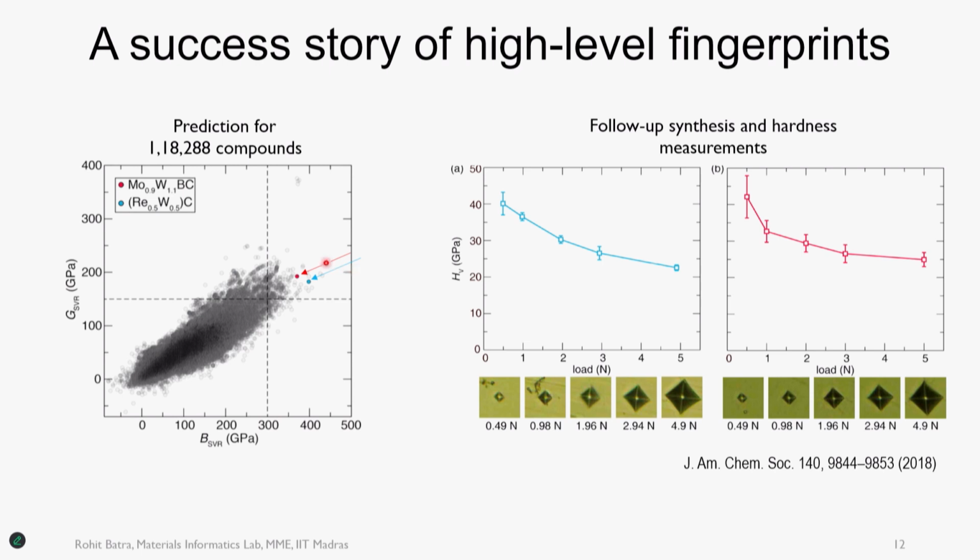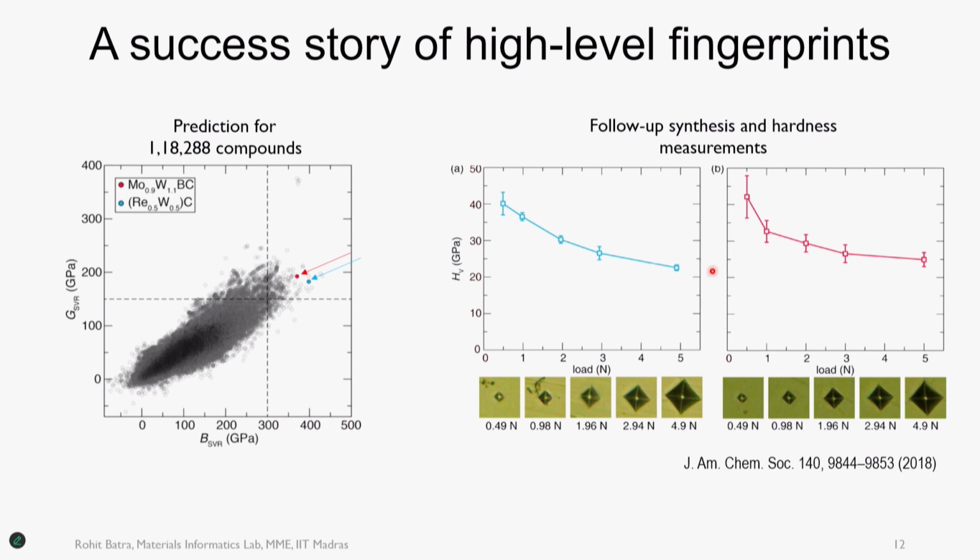Once you have done this, they selected two compositions which are giving high bulk modulus and shear modulus at the DFT level of theory. Once that was done, they went ahead and did experiments on it, and they found that these are indeed showing, I think they call it super hard materials, or ultra hard materials.